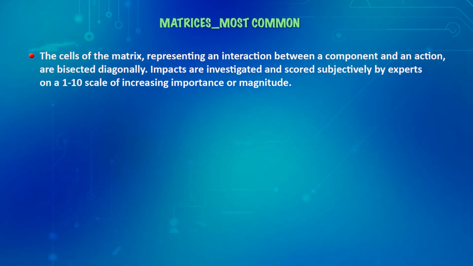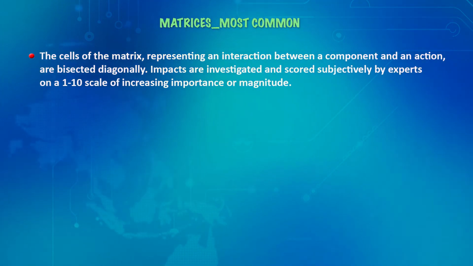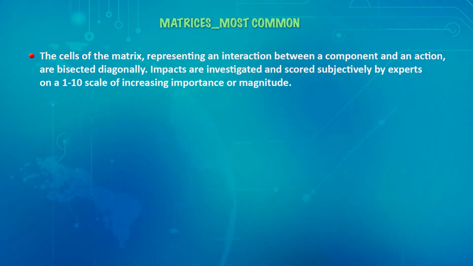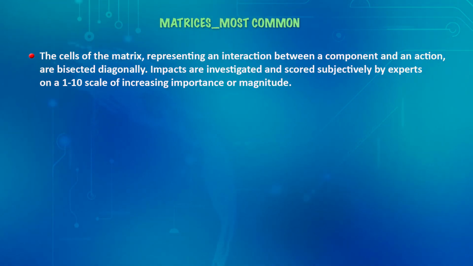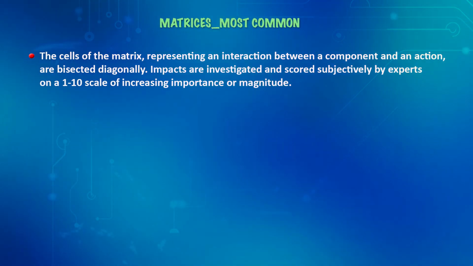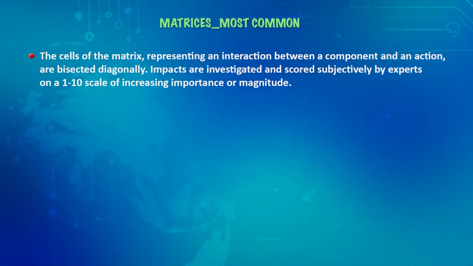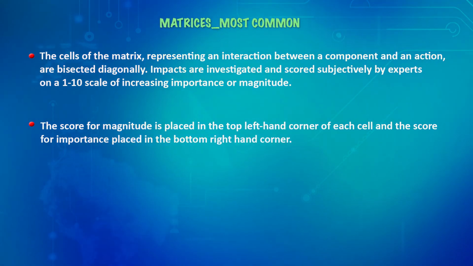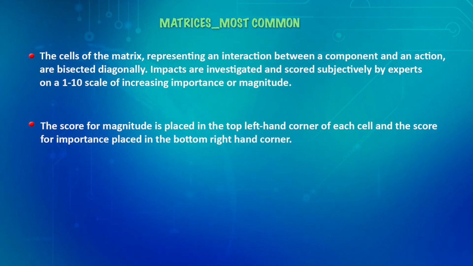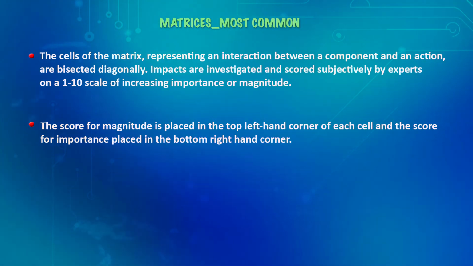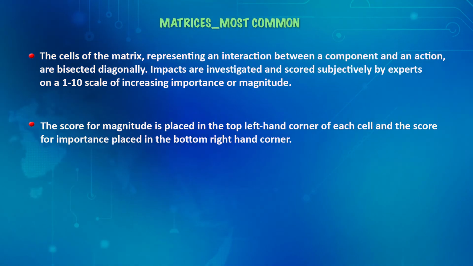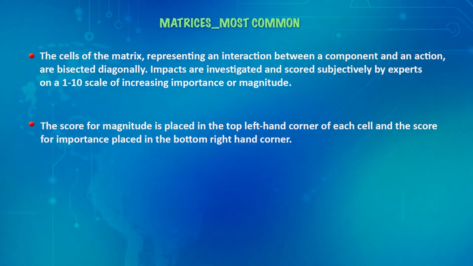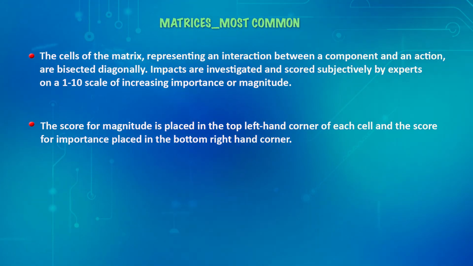One part of the cell describes the magnitude, and the other talks about the importance of the particular project. For example, the score for the magnitude is placed in the top left hand corner of each cell. On the other hand, the score for importance is placed in the bottom right hand corner. So this is about the Leopold matrix.